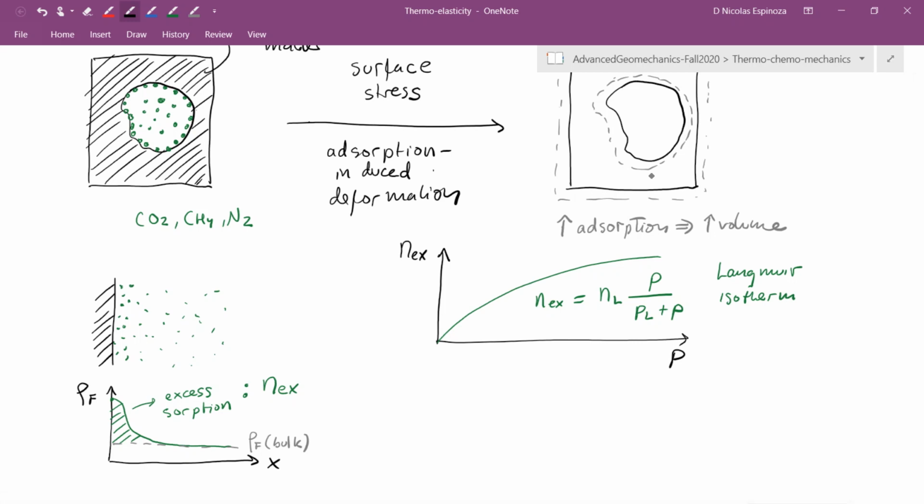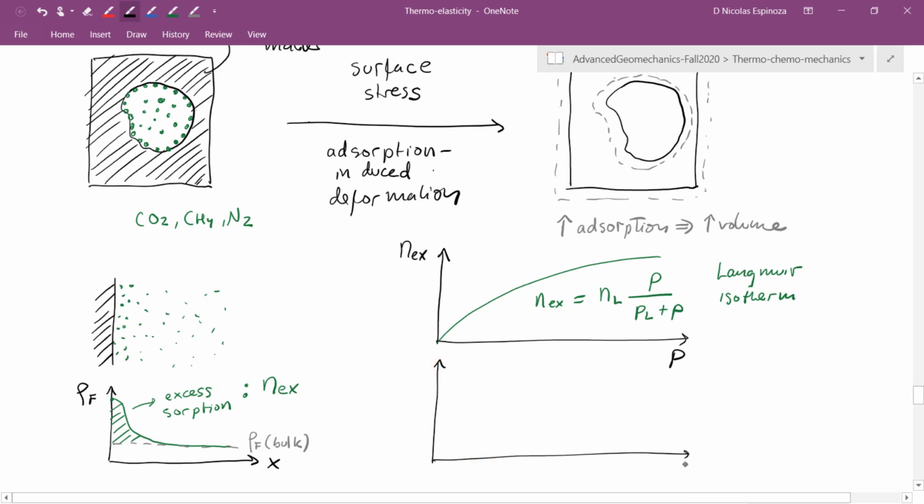Okay, but let's try to incorporate what we postulated before, that increase of sorption would cause an increase in the volumetric strain. All right, so let me add the pressure axis over here, and usually what we see is that also with the increase of pressure, the volumetric deformation induced by adsorption also looks more or less like the Langmuir isotherm.